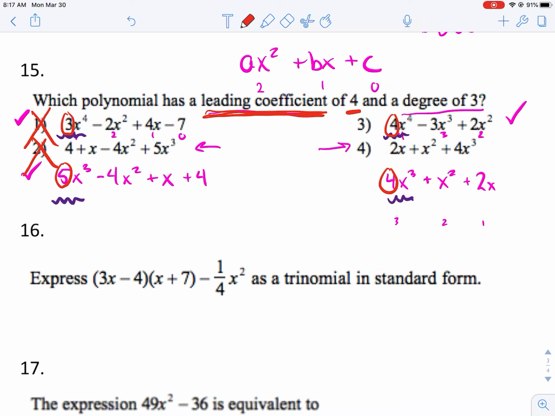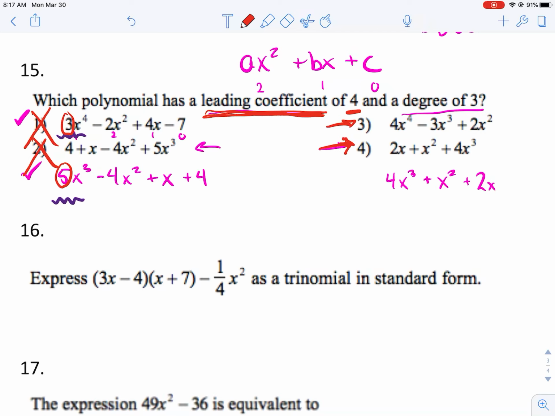So now we have to look at these two right here. We're left with 3 and we're left with 4. All right, so clear up some space here. And so now degree of 3.